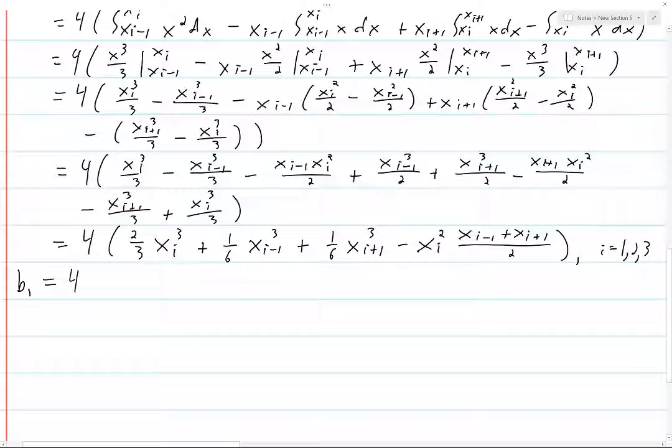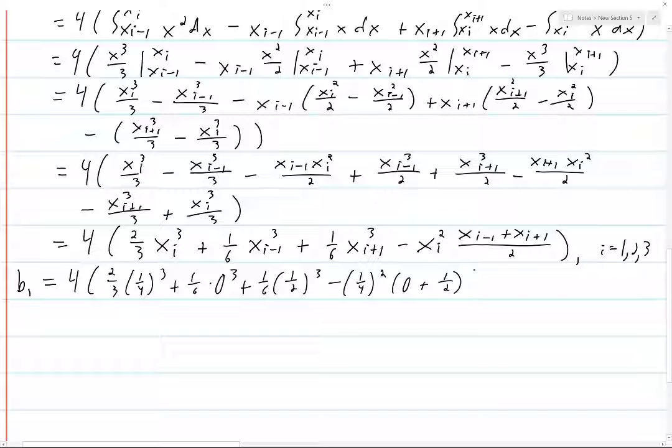So this becomes 4 times 2/3. Now this is 1/4 cubed plus 1/6, and this is 0 cubed, plus 1/6, this is 1/2 cubed, minus 1/4 squared, times 0 plus 1/2, and this whole thing is divided by 2. I'll just put a 1/2 on the outside that we're multiplying by.